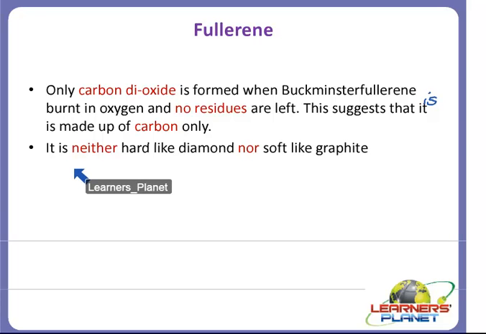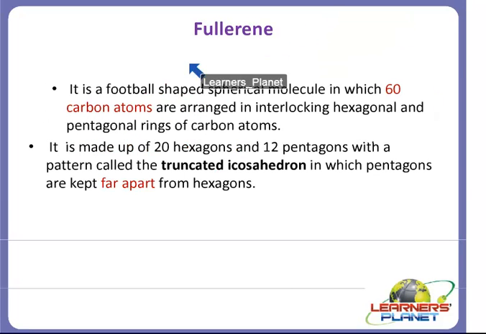Do remember these things in mind. It is neither hard like diamond nor soft like graphite. Got it? So it is neither hard nor soft. So this is your Buckminster Fullerene. Now let's see how these carbon atoms are arranged so that it is giving a different structure.